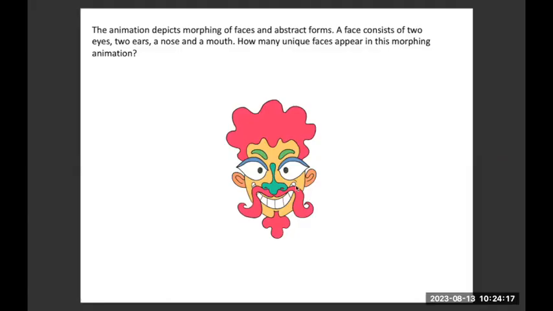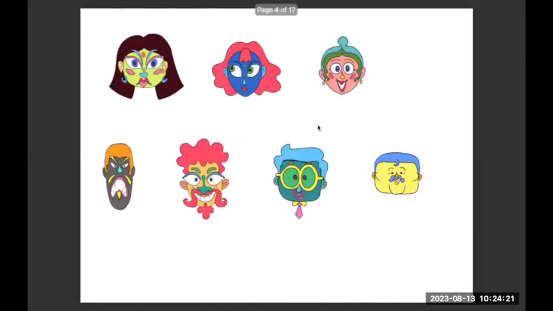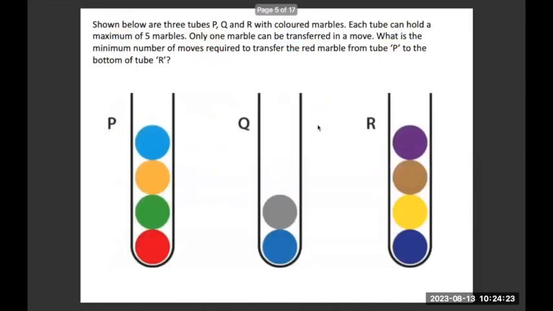Okay, are you able to see my screen now? Yes.